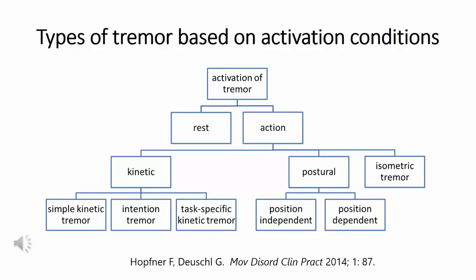However, occasional kinetic tremors occur only during a specific task, such as writing, and these tremors are called task-specific kinetic tremors. Postural tremors that occur only in a specific posture are called position-dependent postural tremors. Task-specific kinetic tremors and position-dependent postural tremors are regarded by most experts as probable signs of dystonia.